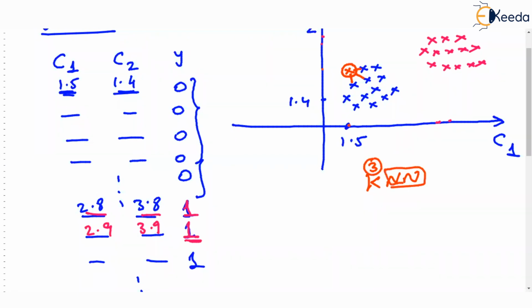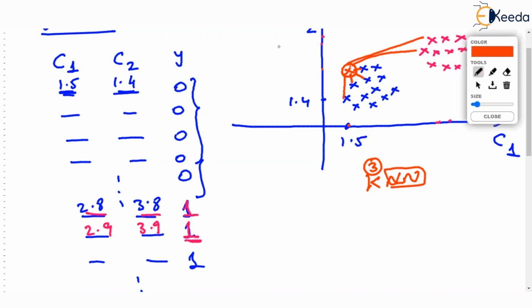Actually, you will find the distance of this query point from all the points, from this point, then this point, every point. And after finding all these distances, you will see which are the 3 nearest points to this.